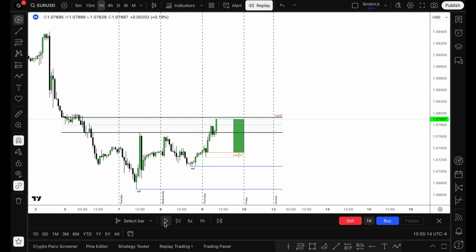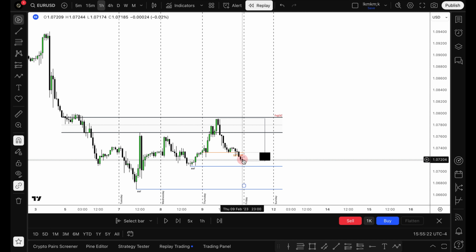Price has moved into the daily fair value gap, then it's moved lower, and then we have the final close at 12 midnight, and that's our reversal.